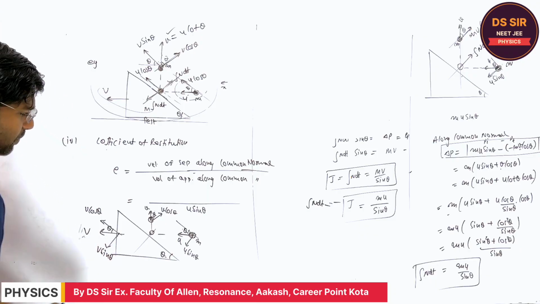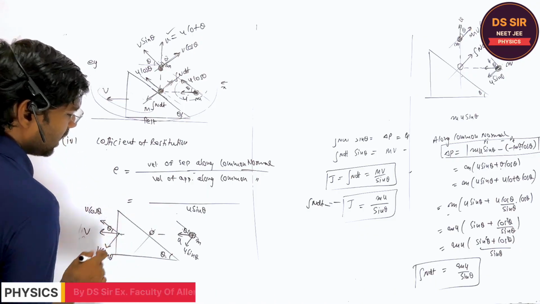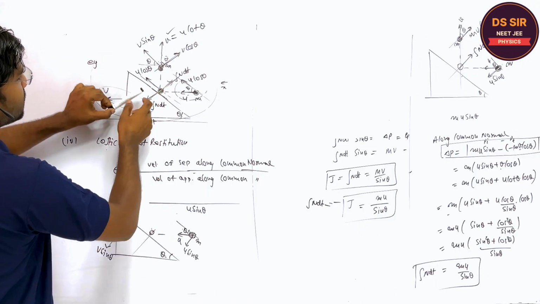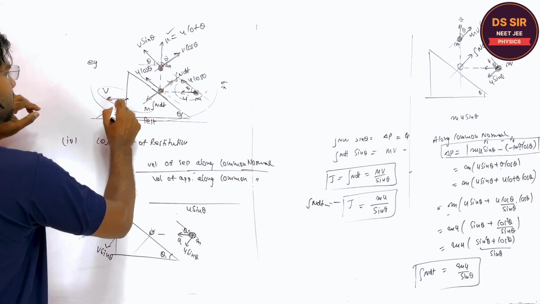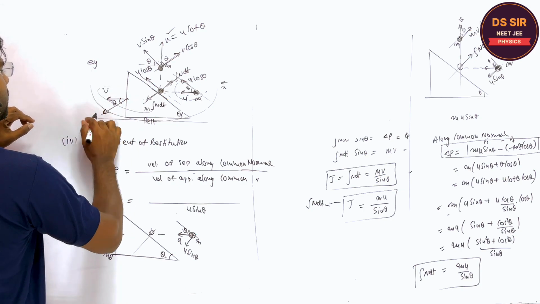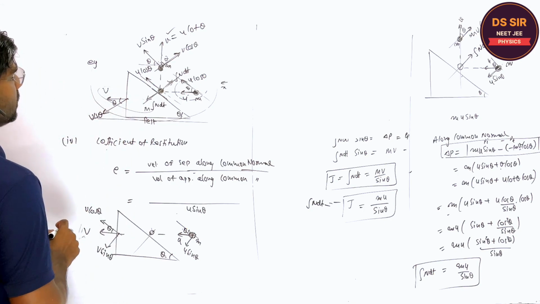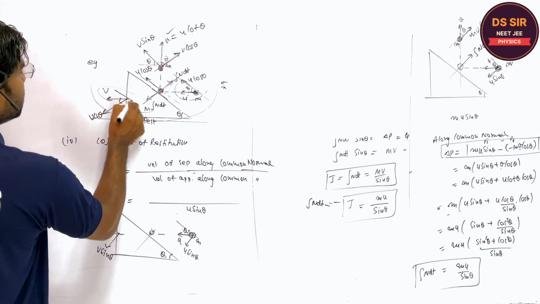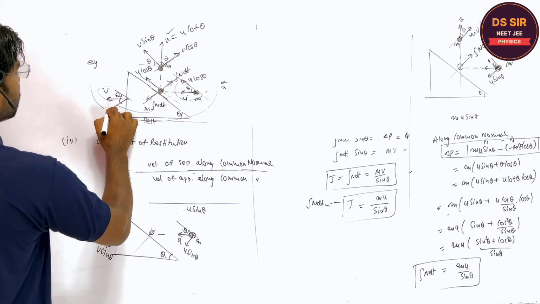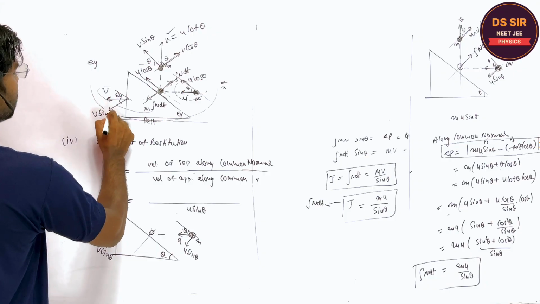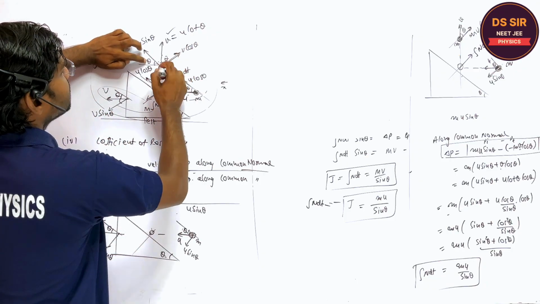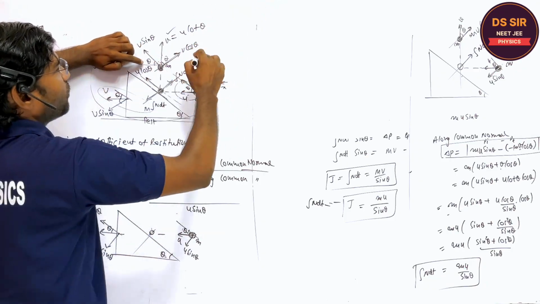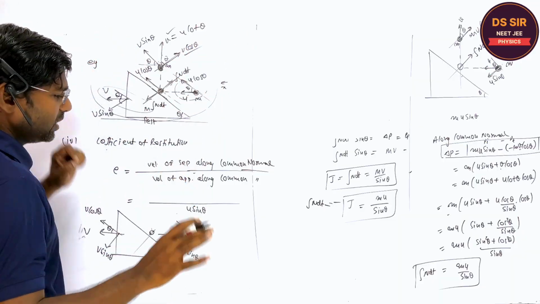So listen one thing. After collision, this wedge is moving in this direction with the speed V cos theta. Is it clear or not? Sorry, this is theta, this is V sin theta, and after collision this ball is moving away with the v cos theta. Is it clear or not?